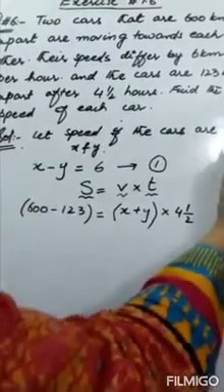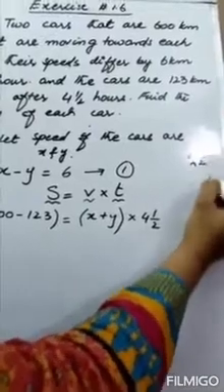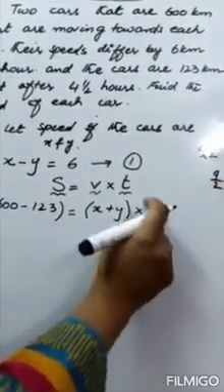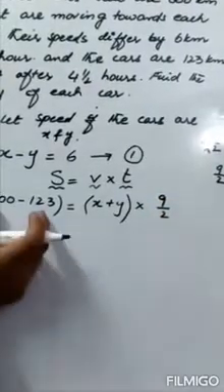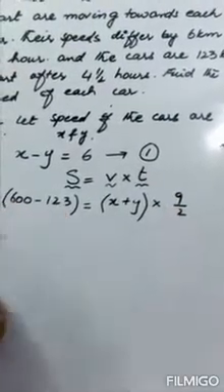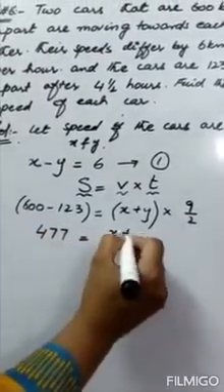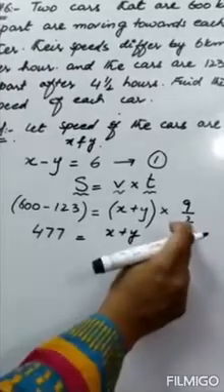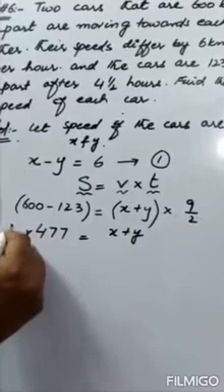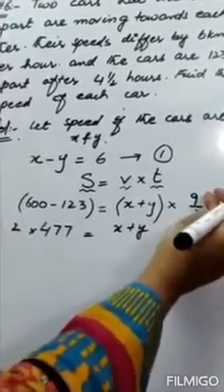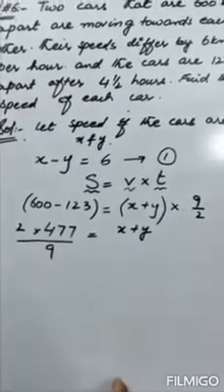This 4.5 hours we can write like this: 4 into 2 is 8, 8 plus 1 is 9, so we can write it directly as 9 by 2. What is 600 minus 123? It is 477, which is equal to 9 by 2 times x plus y. Now this 2 in the denominator goes to the other side and gets multiplied, and this 9 in the numerator goes to the denominator on the other side.